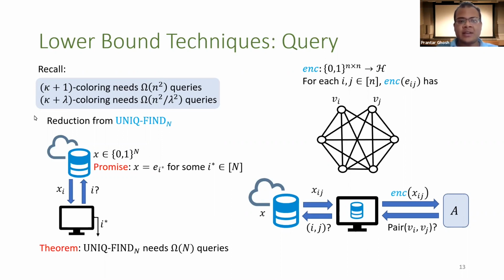So basically we are feeding the graph that is encoded by x to this algorithm A, which would now output a kappa plus 1 coloring and would assign the same color to vi and vj. Thus, outputting the ij such that vi vj have been assigned the same color solves this unique find problem, and we get our query lower bound.